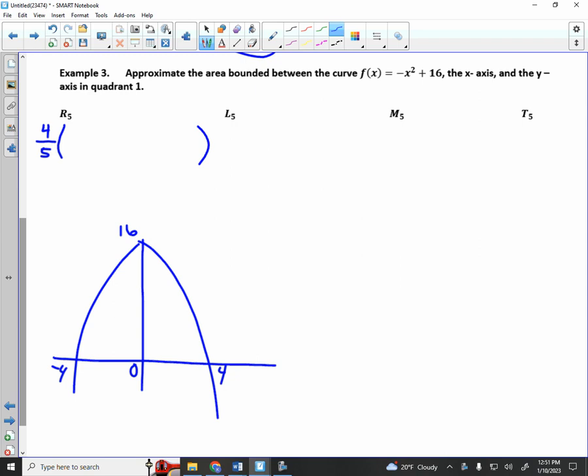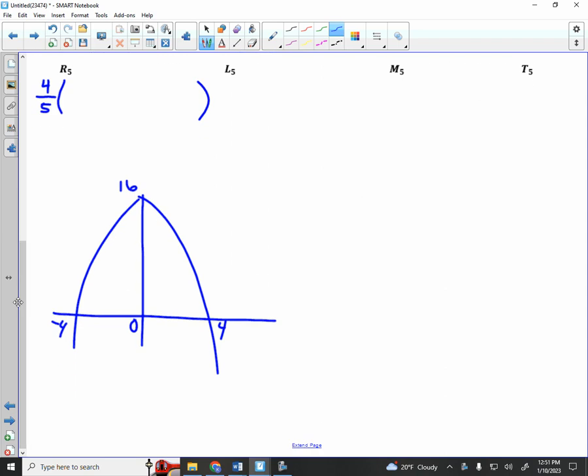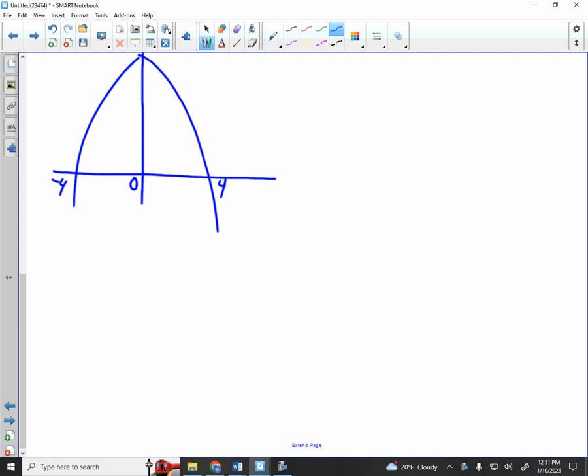I have 4/5 times, what is the first number I plug in? Oh, I heard 0.8. Okay, I thought I heard something else. So if I divide this up, and I'm just gonna make a mark here. This is not the graph, but just so we can understand it.